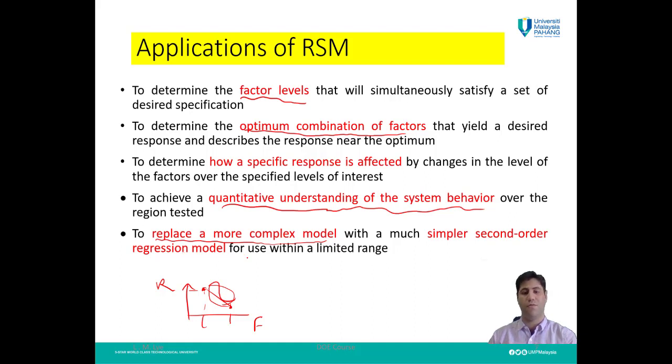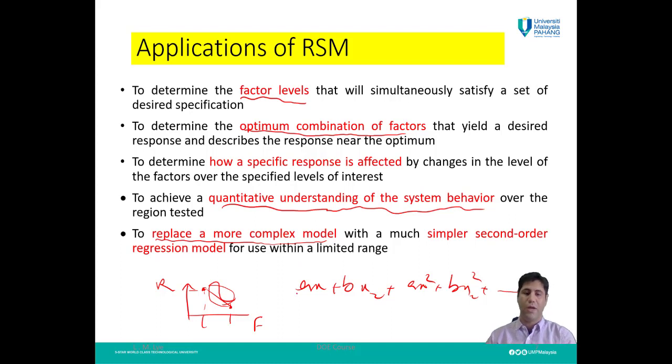Complex models, if you remember, for example, between the response and factor, we need to write an equation, and it may be too complicated and so on. But in RSM, we will develop a simple model instead of the complex model, a simple second order regression model, and it is valid within the limited range.